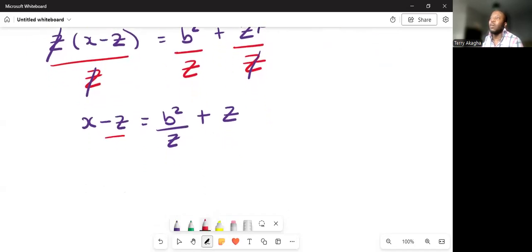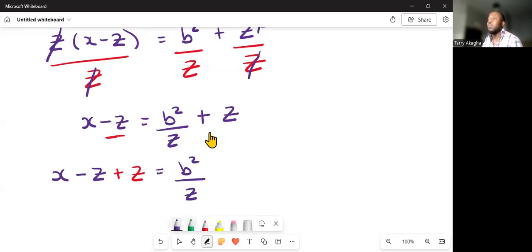Then, when you're done, we now have to add z to both sides because we need to get rid of this minus z. So it'll be x minus z plus z equal to b squared over z plus z, right? Are you seeing it?